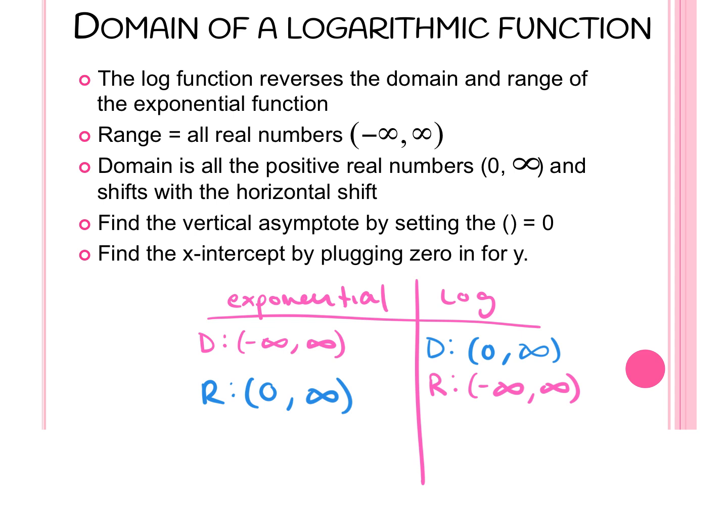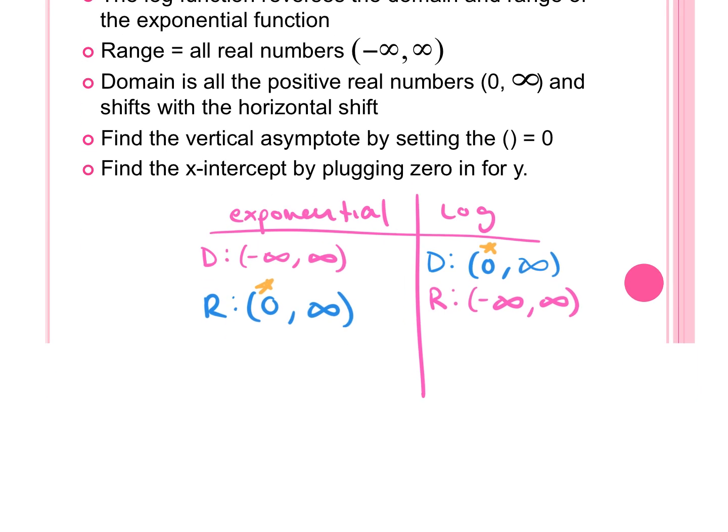Now the 0 could change depending if we have a shift. So in an exponential function, that 0 changed if we had a vertical shift. In our log function, that 0 is going to change if we have a horizontal shift. And then a couple other important things to note here.